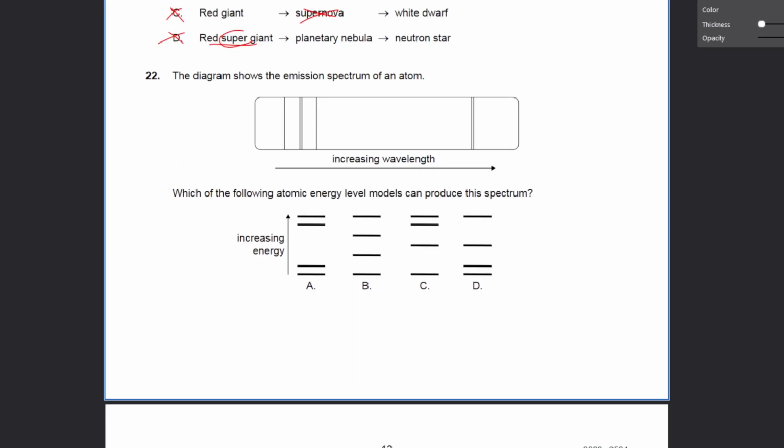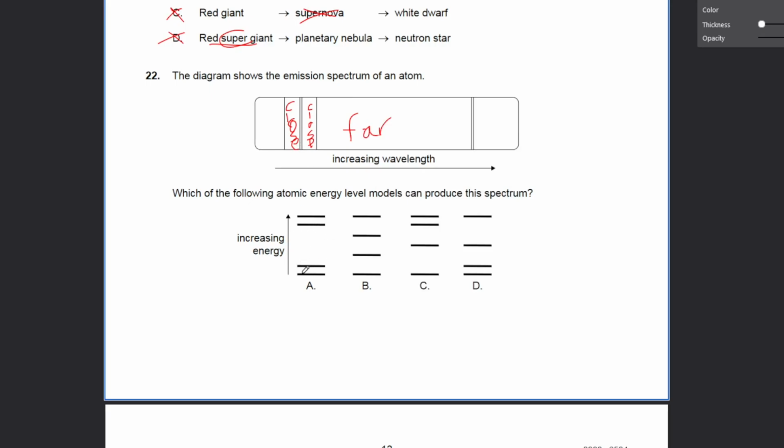Question 22. The diagram shows the emission spectrum of an atom. Which of the following atomic energy level models can produce this spectrum? Alright. So, well, these are close together. These are close as well. Then we have a pretty big gap here.